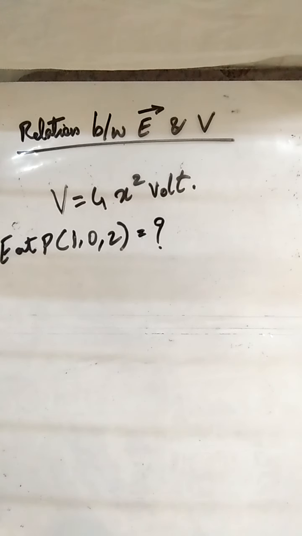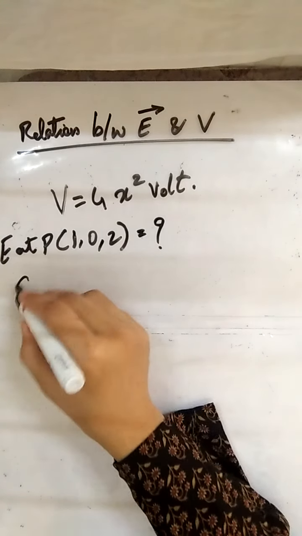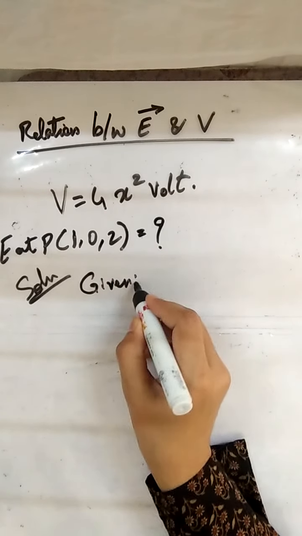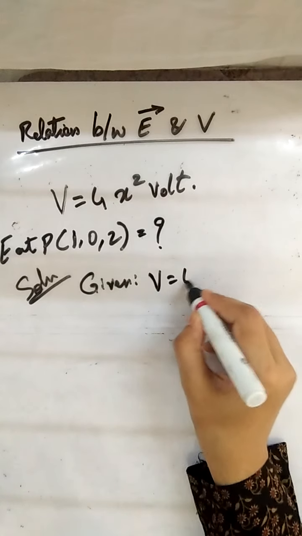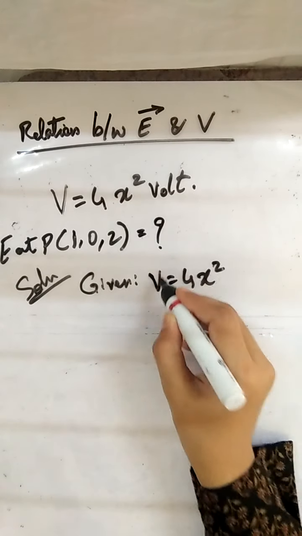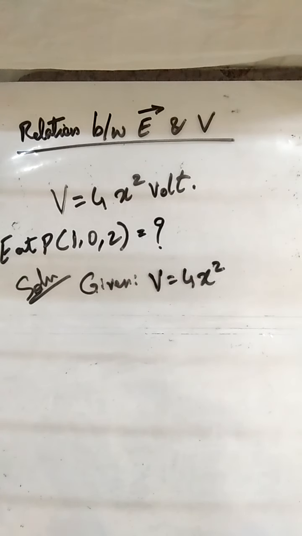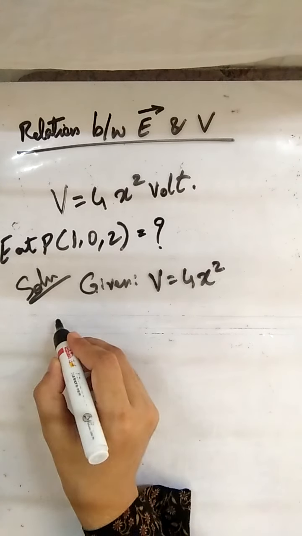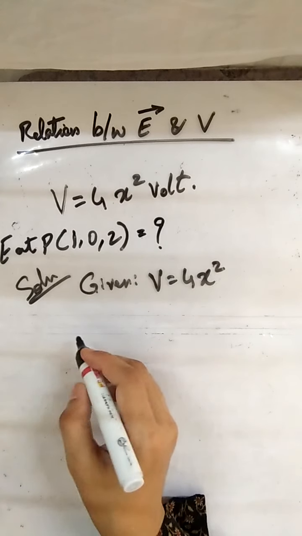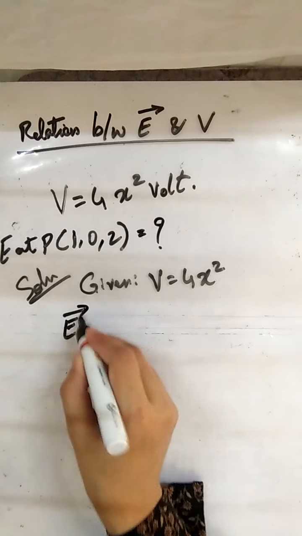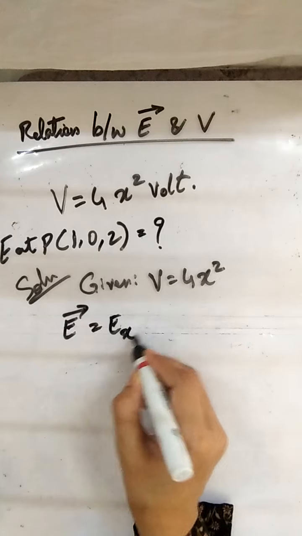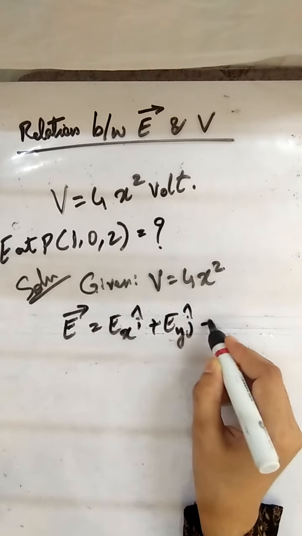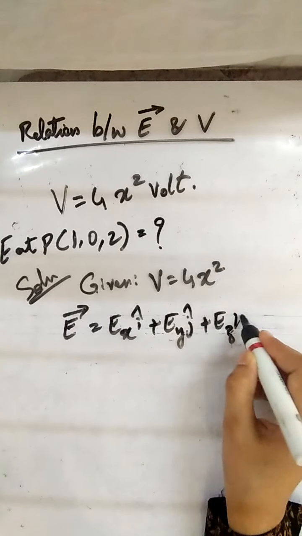How will you do this? So, what is given? Given is V is 4x square. And you will have to find out E, right? What is E? E is Ex i cap plus Ey j cap plus Ez k cap.